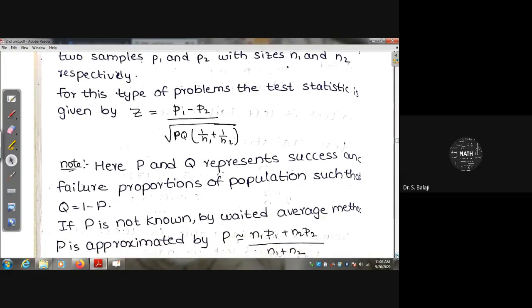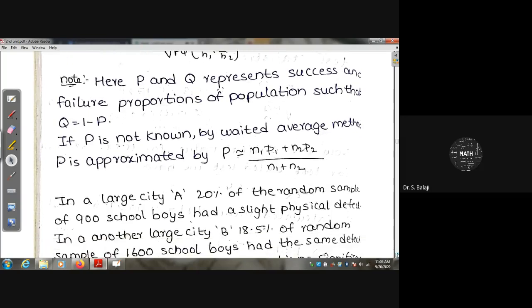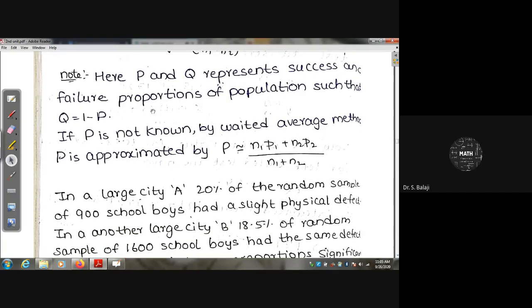If P is not known and you know only the small letters P1 and P2, the samples, but you don't know which population they were taken from, then you can use the weighted average method.